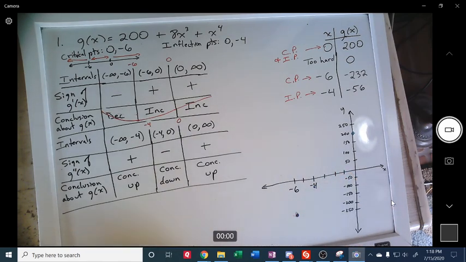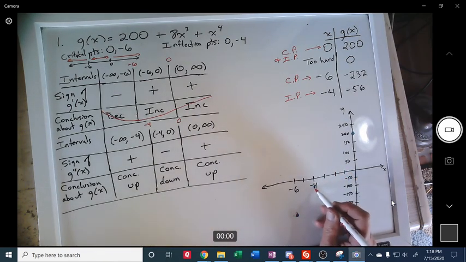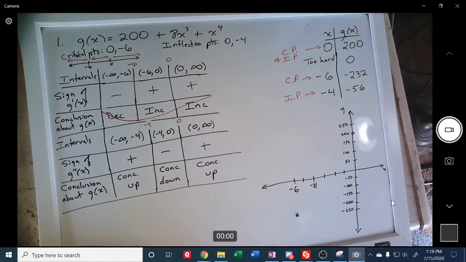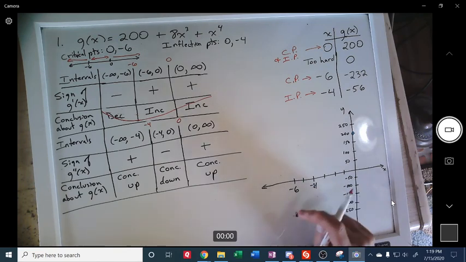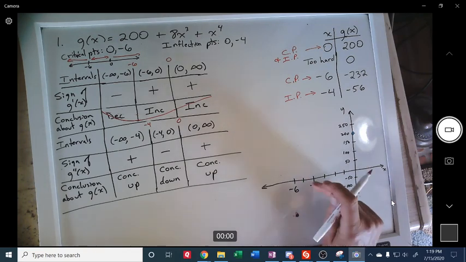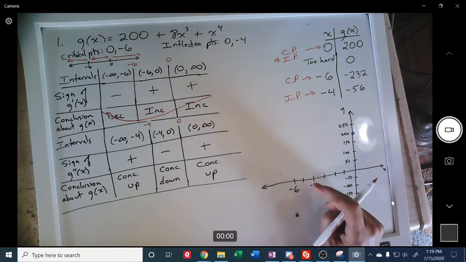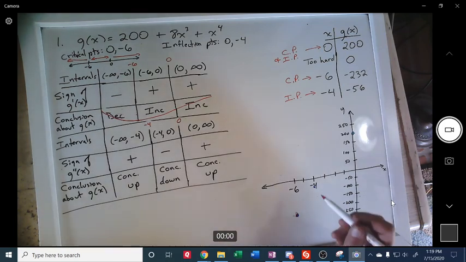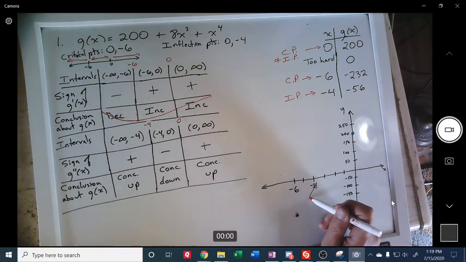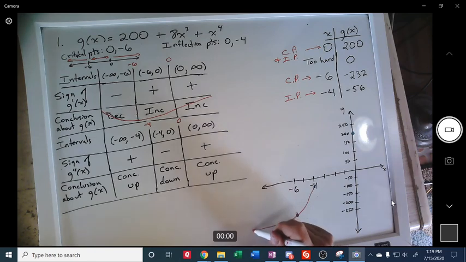So if I'm connecting these two blue dots, I have to connect them coming underneath the line between them, not on top of the line between them, because that would make it concave down, and this would make it concave up. And I have to keep making it concave up. But if I keep making it concave up, my tendency might be to do this.